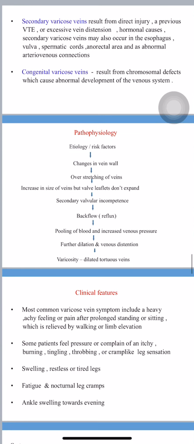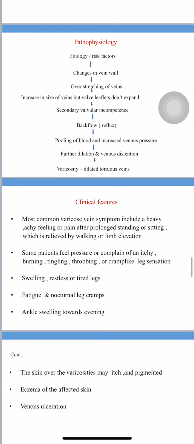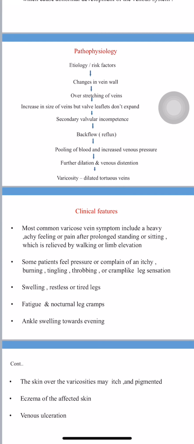Next we will move on to the pathophysiology of varicose vein. The etiology or risk factors lead to changes in the vein wall. We have seen that the etiology is multifactorial and there are different risk factors. That leads to overstretching of veins.